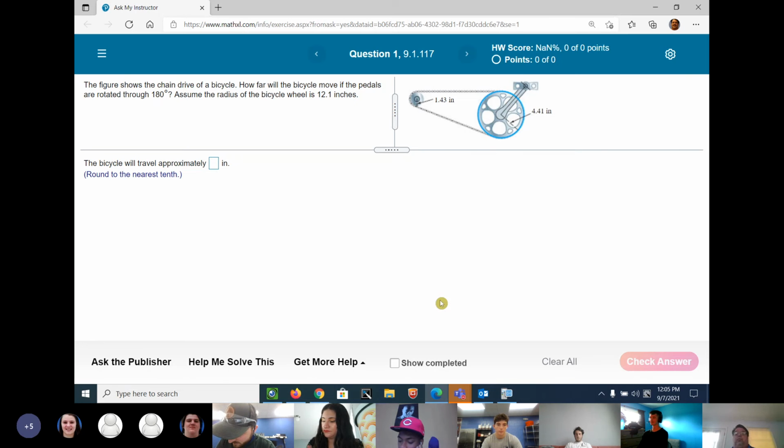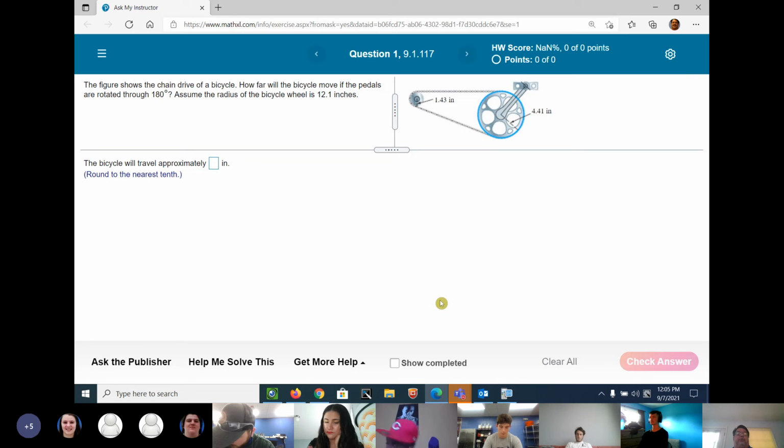There we go. We got a radius of 1.43. And then here we got a radius of 4.41. And this is inches. Okay, it says the figure shown the chain drives the bicycle.